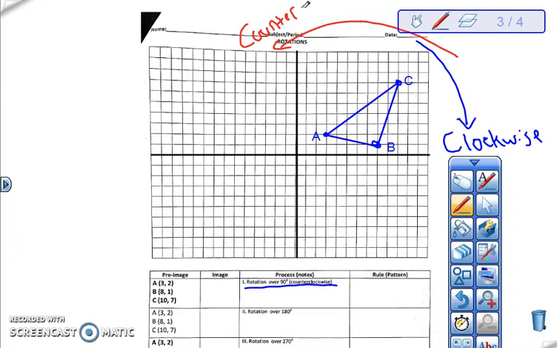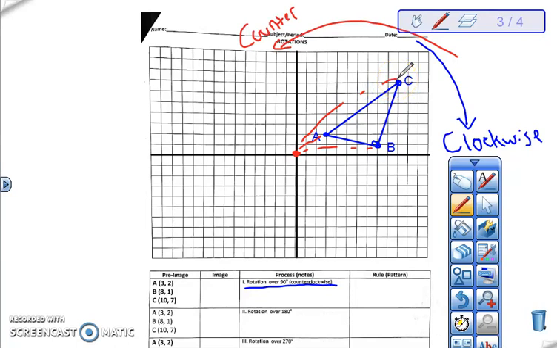Okay, so we want to take the figure and rotate it 90 degrees that way. Since they didn't tell us exactly what we're rotating around, we'll just assume that we're starting at the origin. So we're going to take all of these points and rotate them 90 degrees.